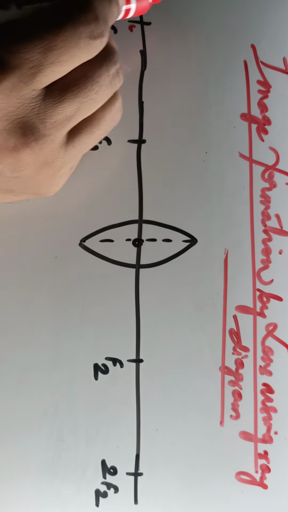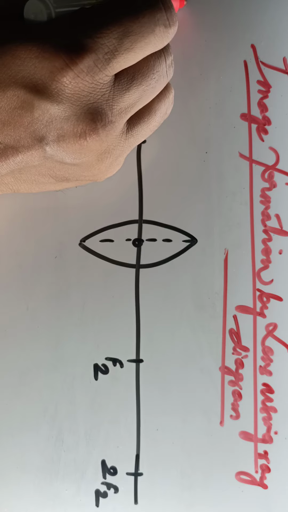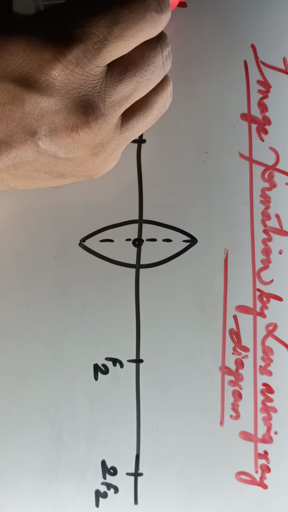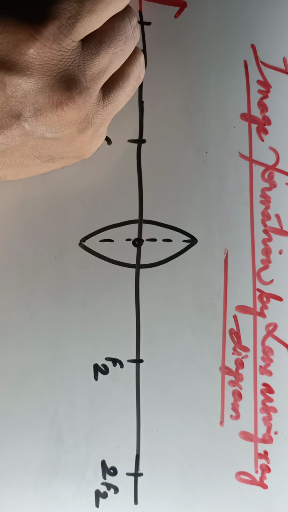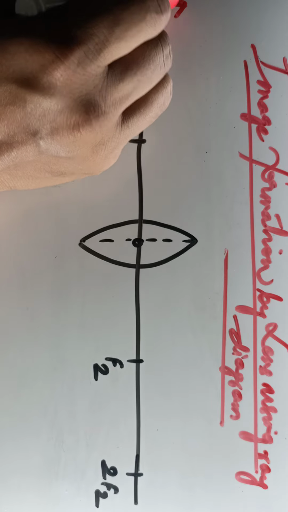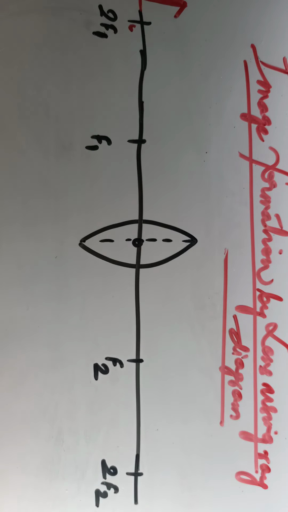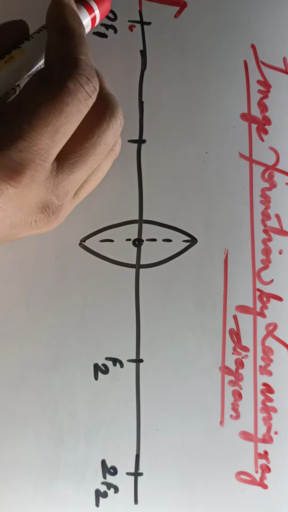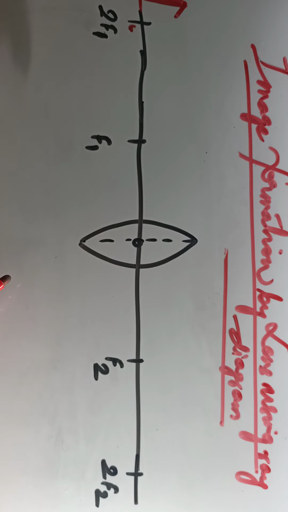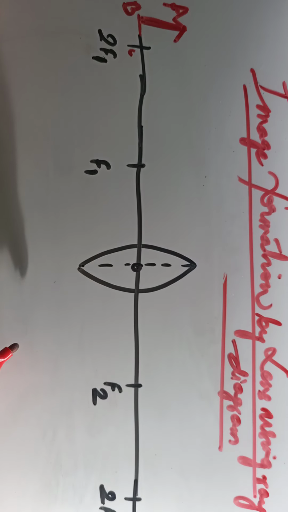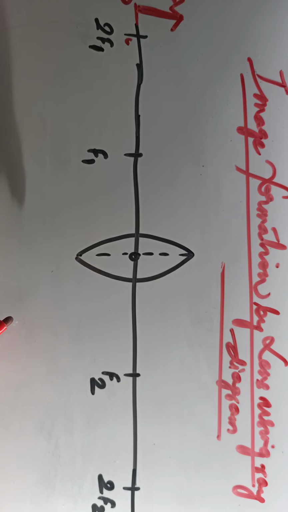So what happens if an object is placed, let's say over here AB, behind twice f1, or in another way, if it is placed behind the center of curvature? You can see here the object is placed behind 2f1. So follow the rule. Rule 1.